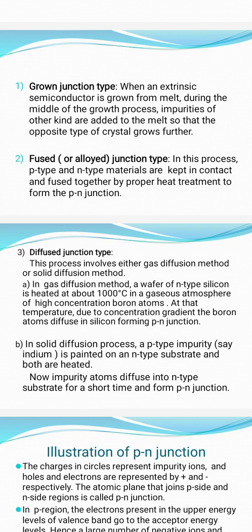In the solid diffusion method, we take P type and N type semiconductors, paint the other kind of element on one, and by heating, it diffuses into the first kind of semiconductor and forms the PN junction.